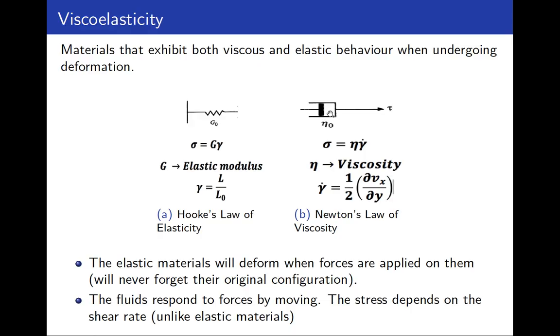So if the fluid has low viscosity, this dashpot can be moved easily. But on the other hand, if the viscosity of the fluid is higher, it will be much harder to move the dashpot.